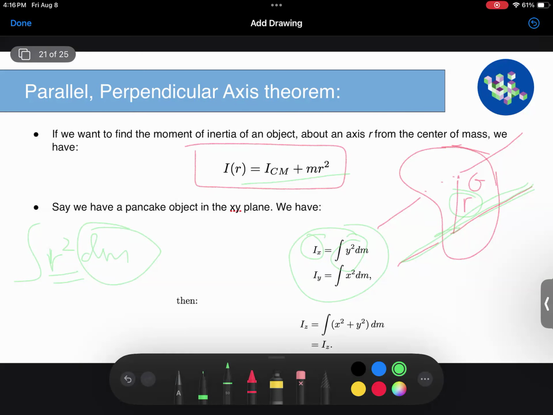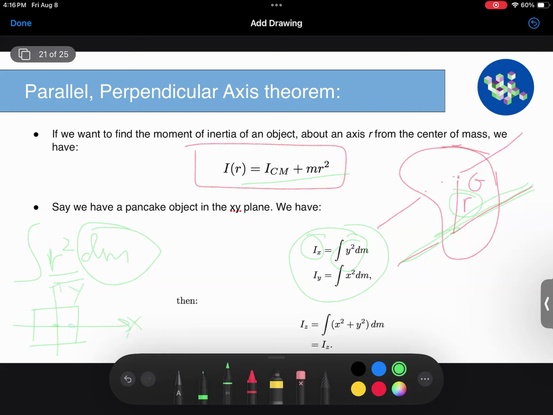So if I have a pancake object, let's say it's a flat square, and this is my center of mass at the center, and these are my axes, the x direction and y direction.